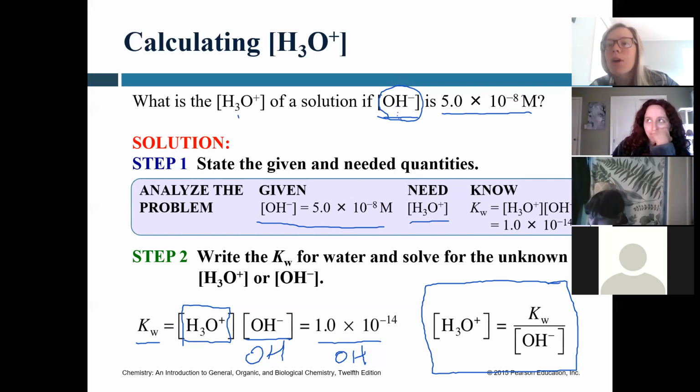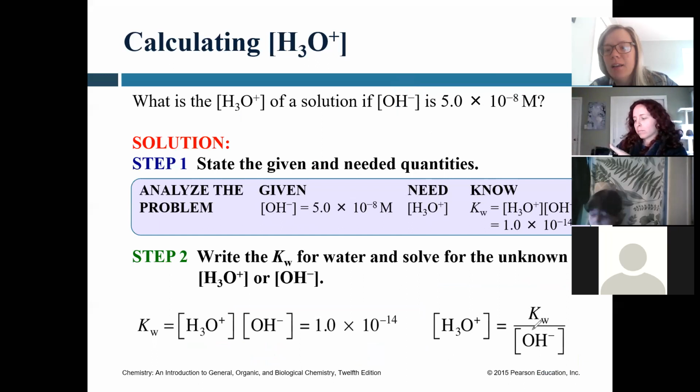So I want you to physically plug this into your calculator because people tend to get wrong answers because they're not putting things in equations or they're not using the EE button. They're not using parentheses or EE buttons. So in this one, we're going to do Kw and we're going to actually divide it by that 5.0 times 10 to the negative 8.